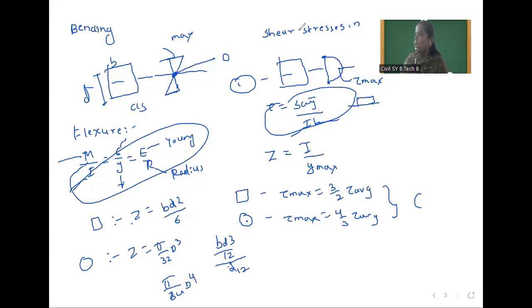Then the last unit we have discussed, that is influence line diagrams. These influence line diagrams are applicable for moving loads. So in influence line diagram, location is constant, load is moving.